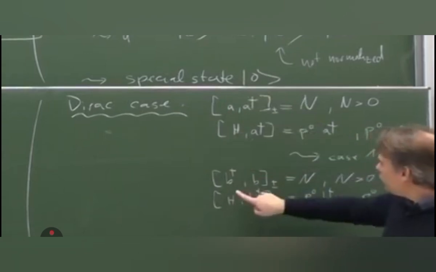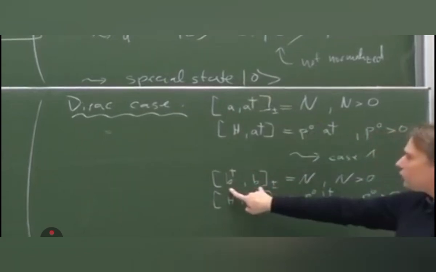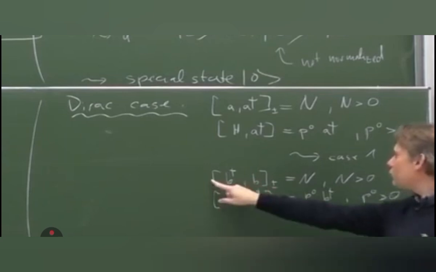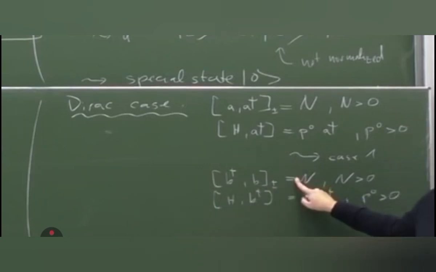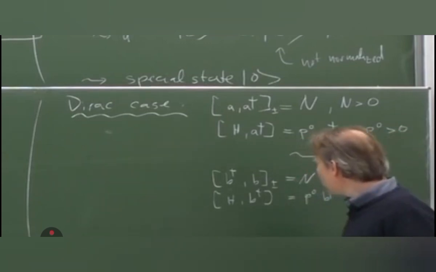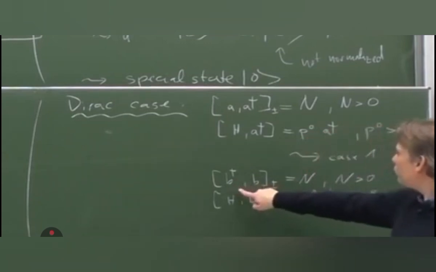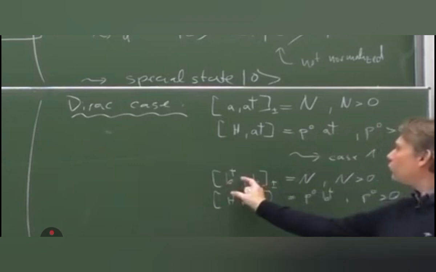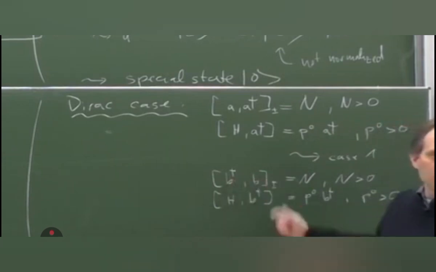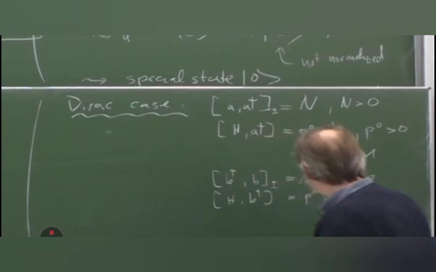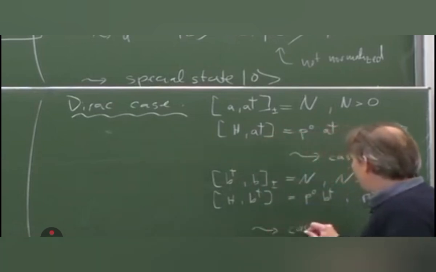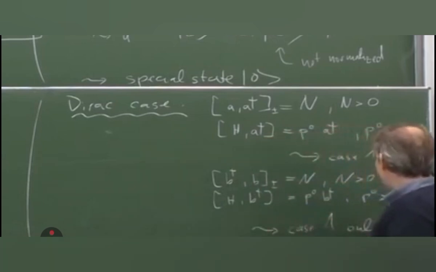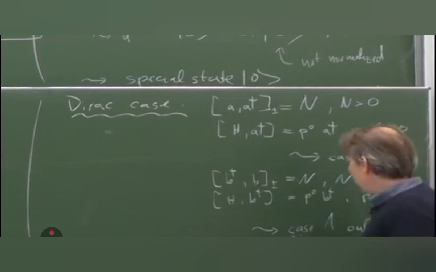So for bosons we get the wrong sign, because then we get here a minus, and that means we would be in our case 2. But for fermions there is no problem. For fermions we can flip the order. B dagger B, B dagger has the same anti-commutator, and therefore we are in our case 1. Case 1 only for fermions.